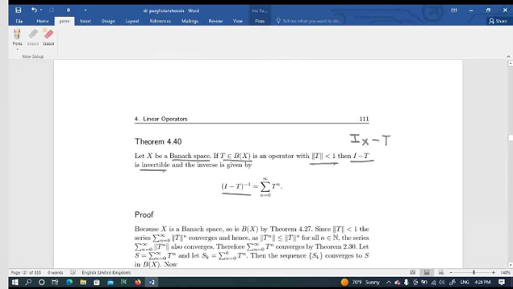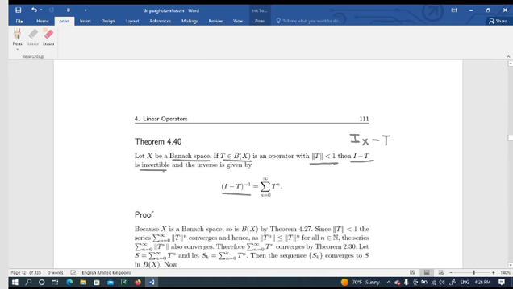Theorem 4.40. Let X be a Banach space and T belongs to B of X, meaning T is a bounded or continuous linear transformation on X. If T belongs to B of X is an operator with the norm less than 1, then I minus T is invertible.